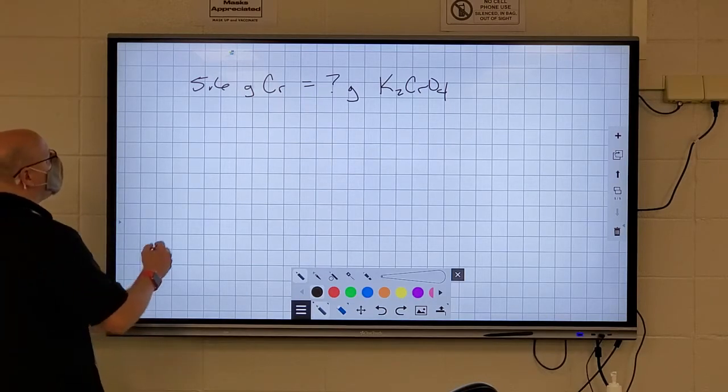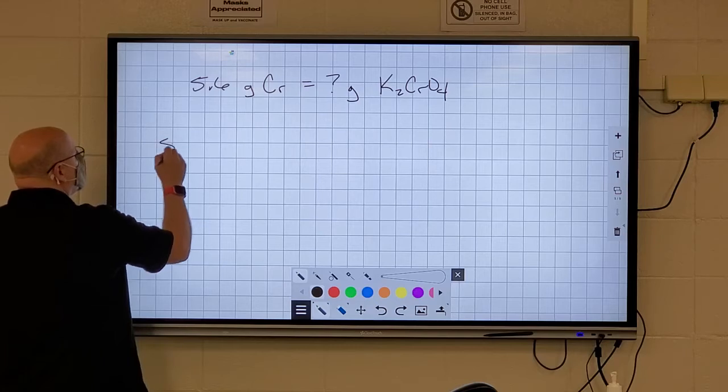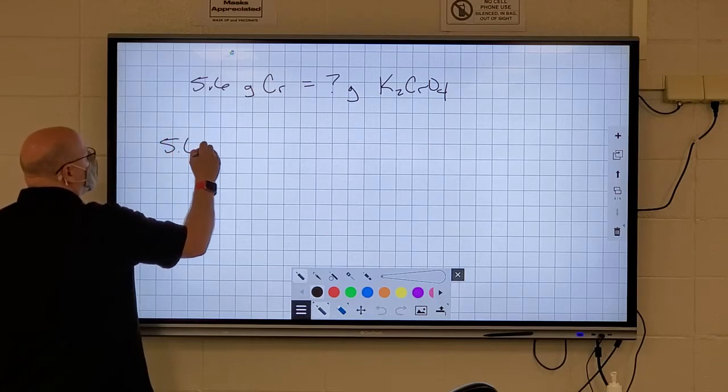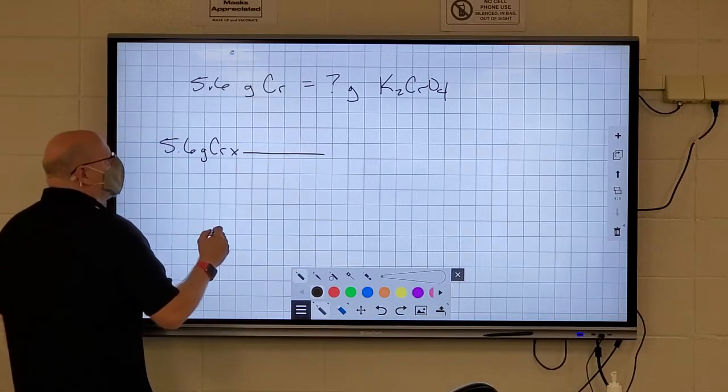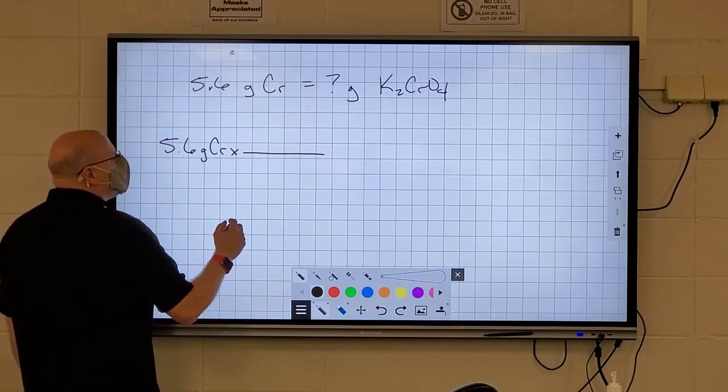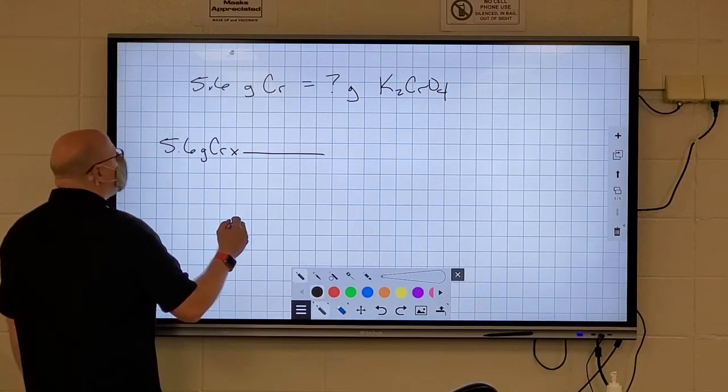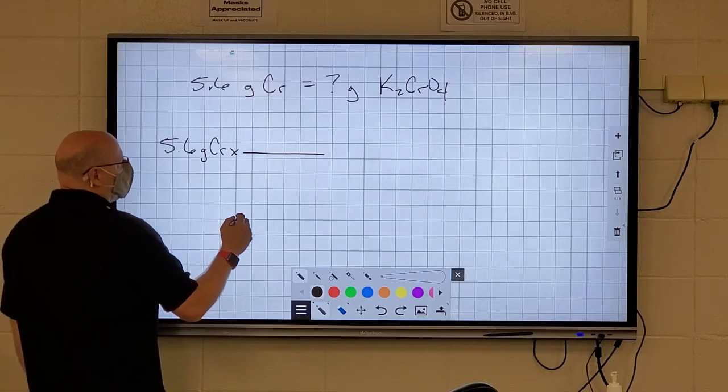You want to set up whatever it is first. You set up the fractions, so 5.6 grams of chromium times, on the bottom you put, on the top you put potassium chromate. Okay. Start with the bottom. Okay, on the bottom you put just 1 gram of... you put potassium chromate, okay.